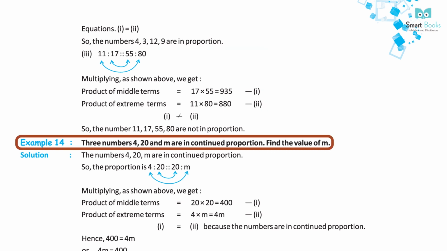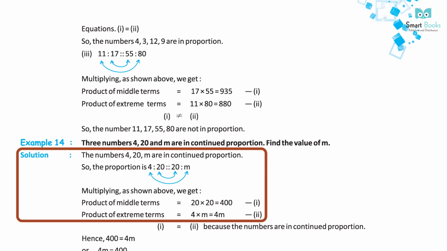Example 14. Three numbers 4, 20 and m are in continued proportion. Find the value of m. Solution. The numbers 4, 20, m are in continued proportion. So the proportion is 4:20::20:m. Multiplying as shown above, we get product of middle terms equals 20 into 20 equals 400.